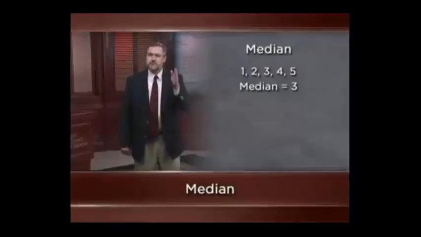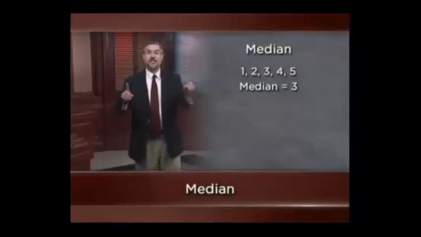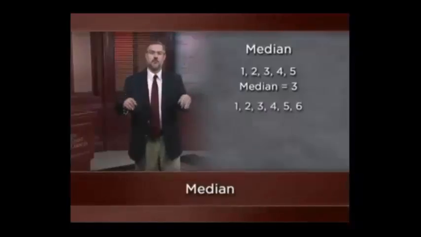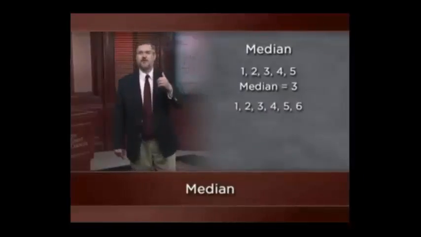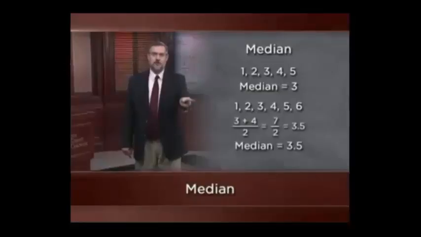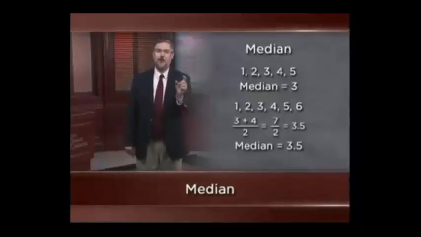How do we find the middle number in a list that has an even number of items in it? Well, it's simple. We simply find the 2 numbers that are in the middle and we take their mean or their average. We'll look at some examples in just a few moments of how you would calculate the median based on whether the original data set has an odd number of values or an even number of values.